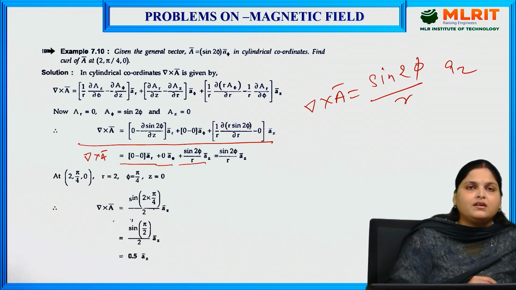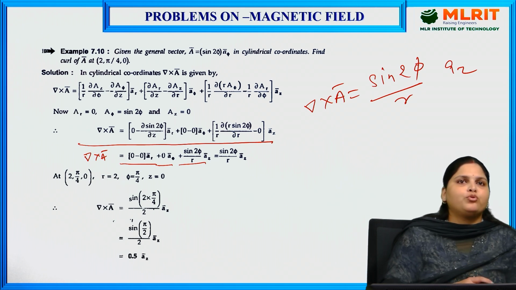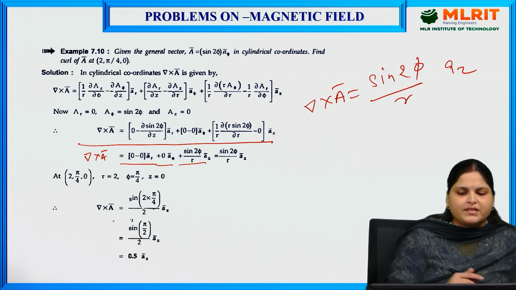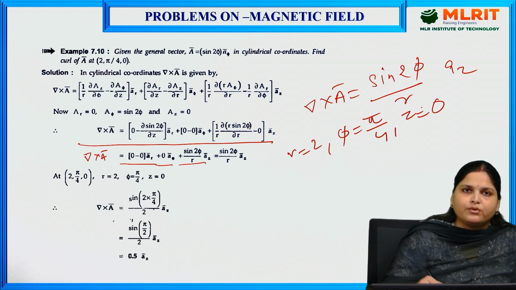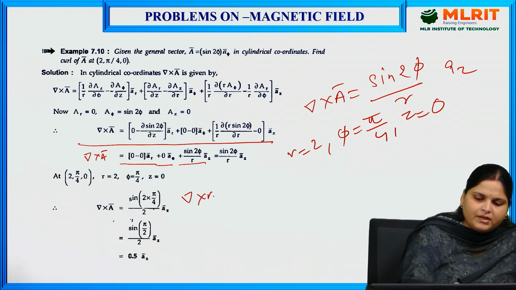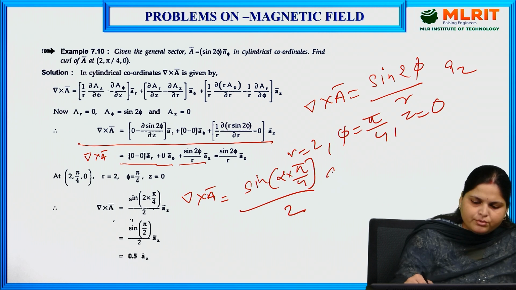So this is the curl of A, and this has to be calculated at the point (2, pi by 4, 0), means r is equal to 2, phi is equal to pi by 4 and z is equal to 0. So we will put everything into this formula. This will become sine of 2 into pi by 4, divided by r which is 2, and z is not there, so no need to write.